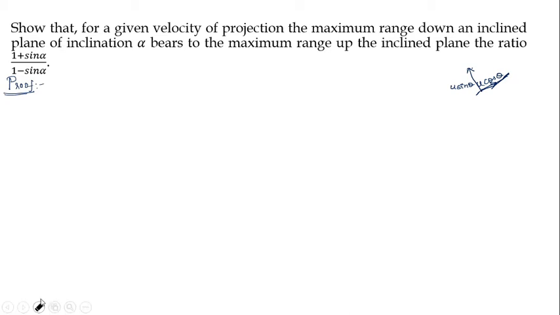Then next we are going to consider the acceleration. When it is in the direction opposite to the direction of the inclination, it will be g sin alpha, and if it is perpendicular, then it will be g cos alpha. So this is for initial velocity, right? And this is the acceleration.